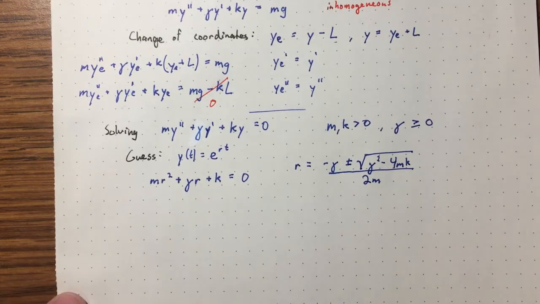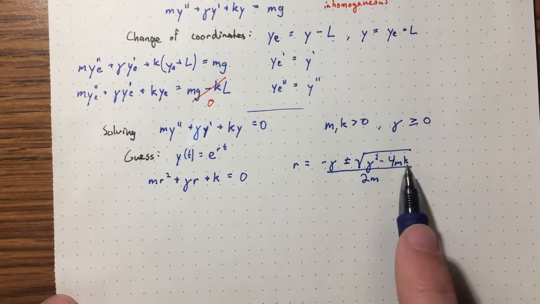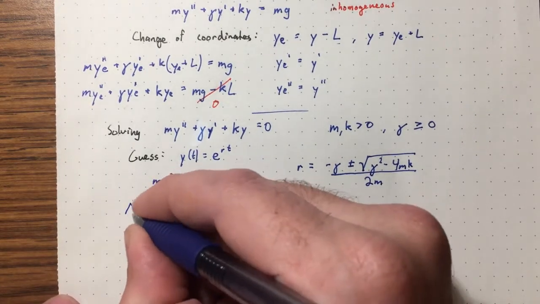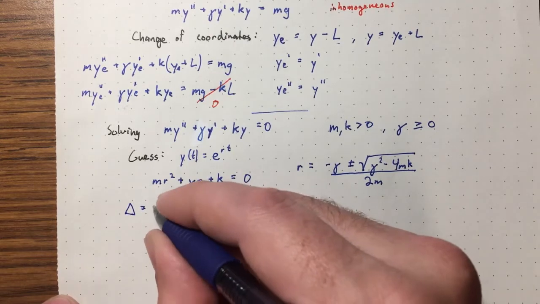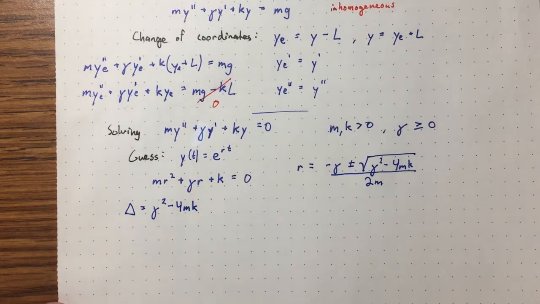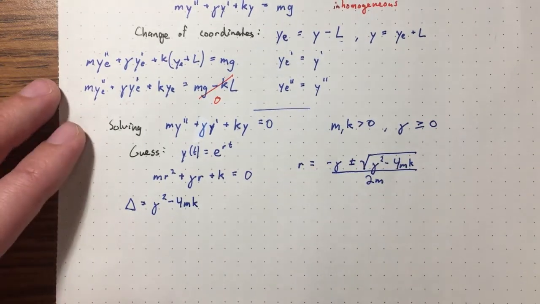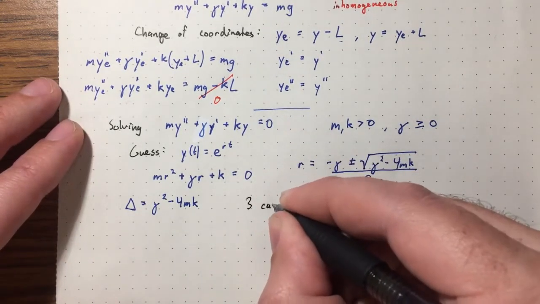And what is the most important quantity here? It's actually this discriminant. So the discriminant is this gamma squared minus 4mk. And we saw in the previous lecture that this is really what's going to characterize the behavior of the solutions. In particular, we have three cases.